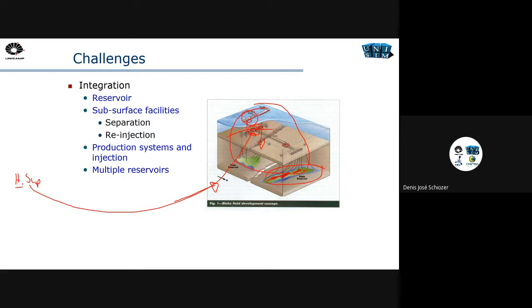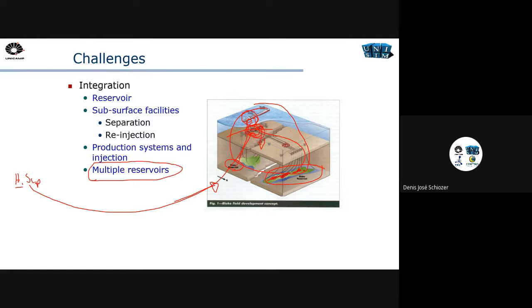But we have to model all this and specify the boundary conditions in these situations. Also, today in the pre-salt we are simulating reservoirs from the pre-salt and the post-salt together. Let's imagine that this is a simulator for the pre-salt and the post-salt, and I'm simulating them to the platform.